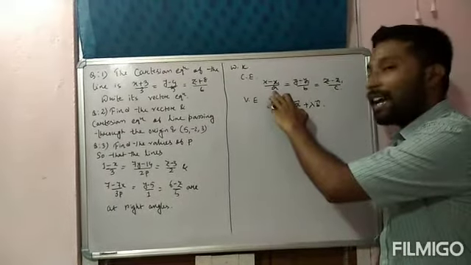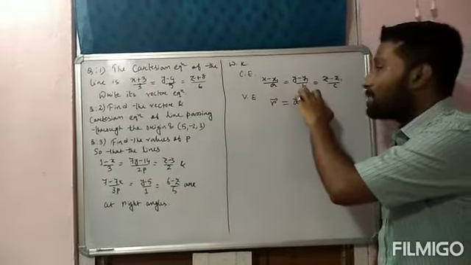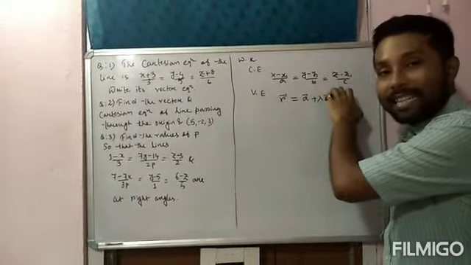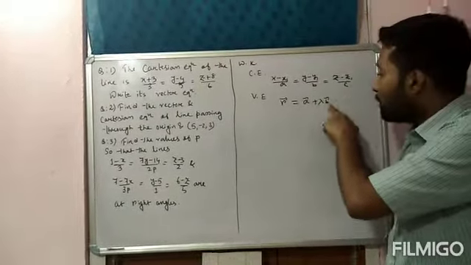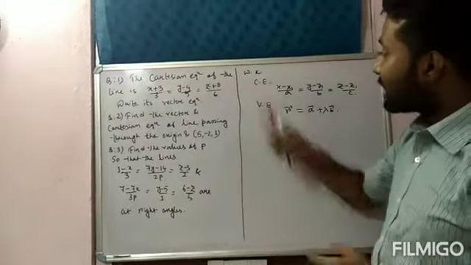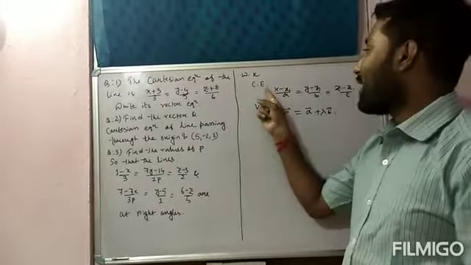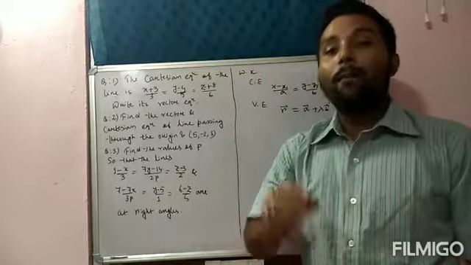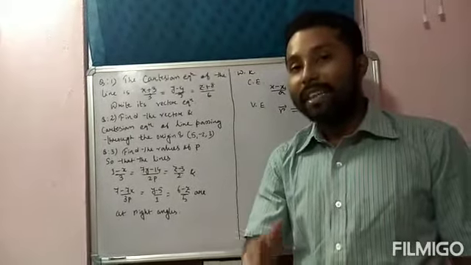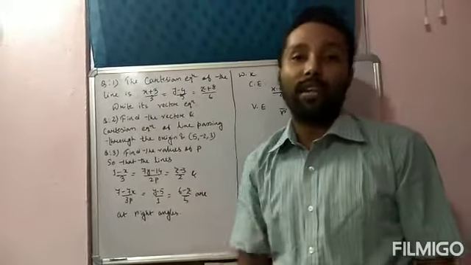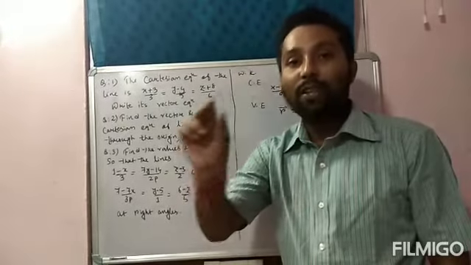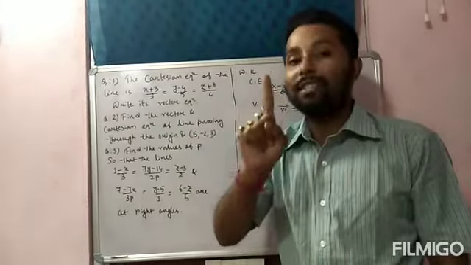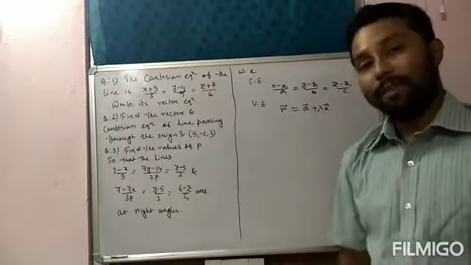That means you have to write a i cap plus b j cap plus c k cap in place of b bar. Okay, so these are the two types of equation, Cartesian equation and vector equation of a line passing through a given point and parallel to a given vector. This is the first type of the various types of equations of a line.